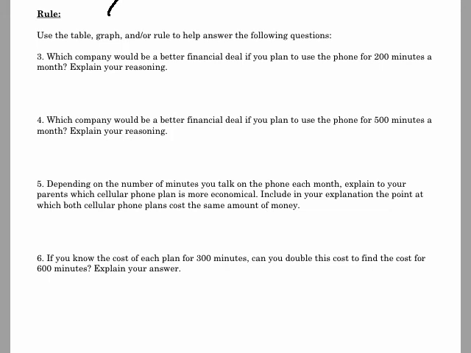For instance, with Talk Fast, you might be saving money if you only use so many minutes per month. But then if you go over a certain amount of minutes, then Talk Easy might be a better company to go with. Now, I'll let you be the judge of that. But remember, you want to base your decisions on a cell phone company off of whichever company offers the cheapest rate.